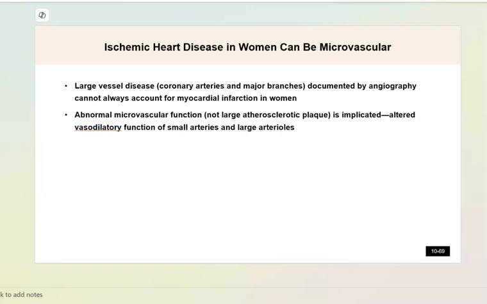Each segment of the vessel is regulated by different mechanisms, which is important to understand because the large epicardial arteries are about less than 10% of the vascular resistance. The smaller arteries are about 20%, and the large arterioles about 50% of the resistance that we have within our vessels. And this is important to understand.